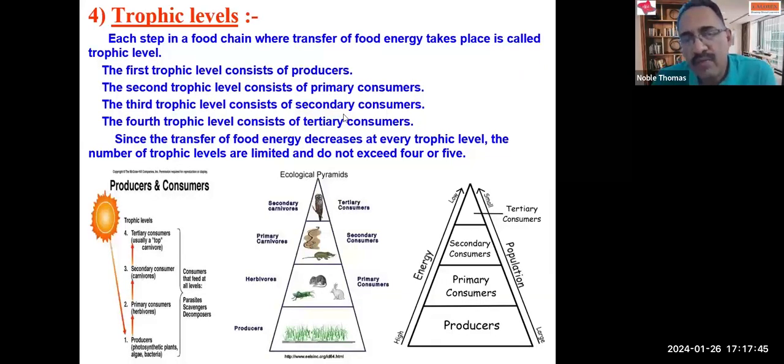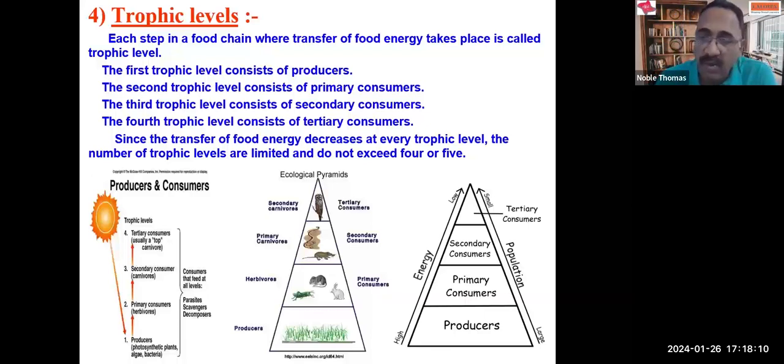Every food chain, every ecosystem will have some levels of organisms. The lowest strata will be of producers, and the number of producers will be maximum. Then comes the primary consumers, secondary consumers, and the tertiary consumers. And depending on the number, we can draw many different pyramids.